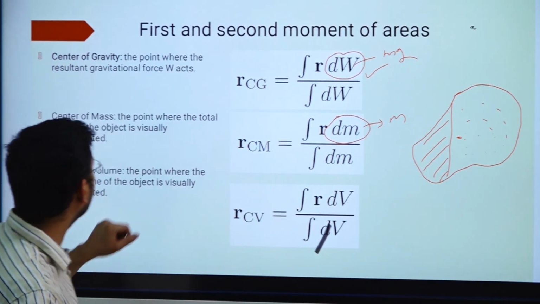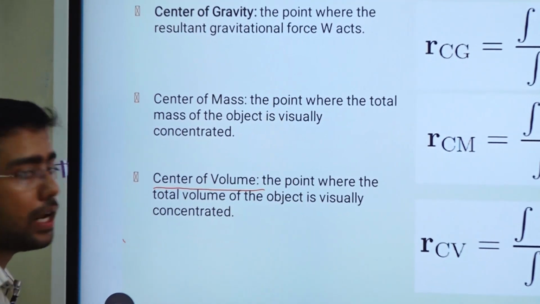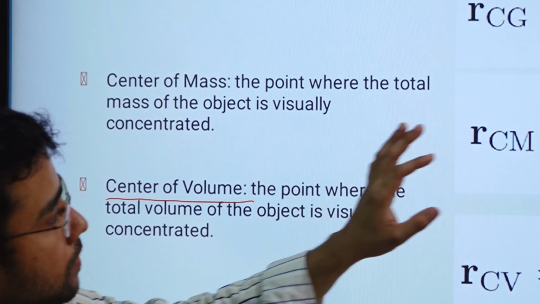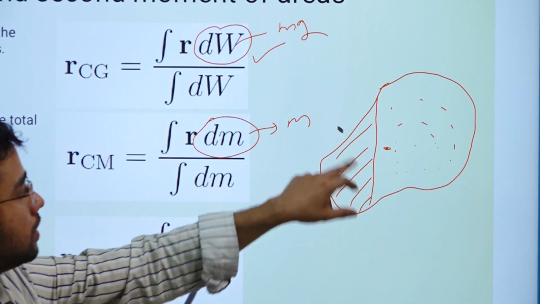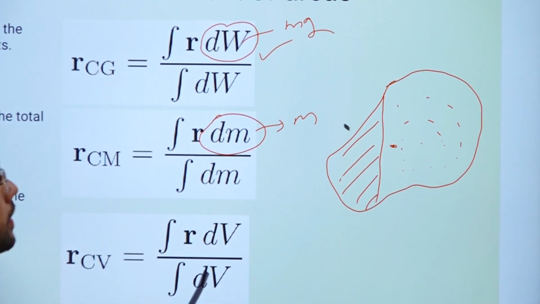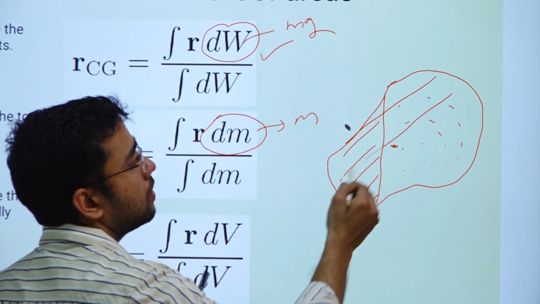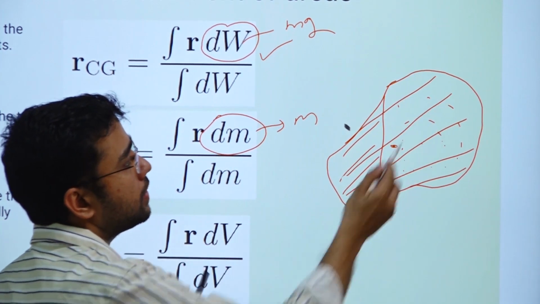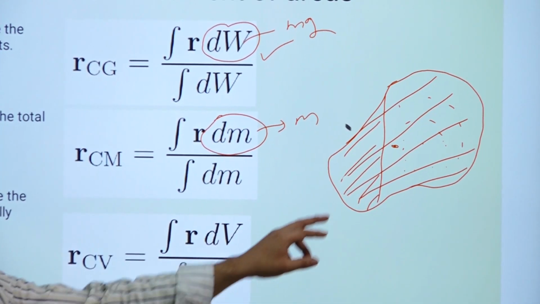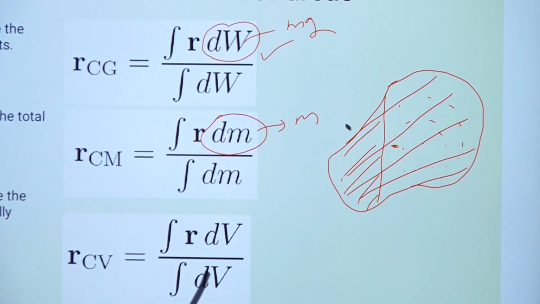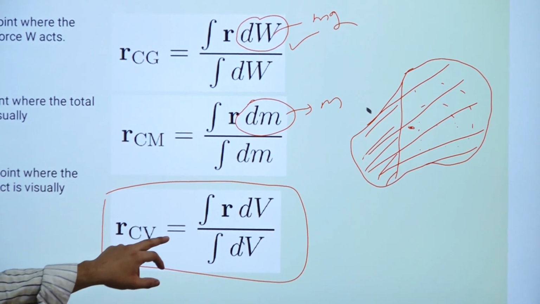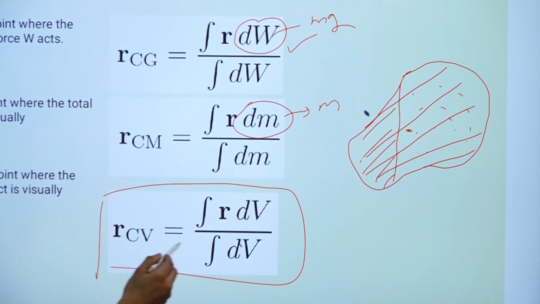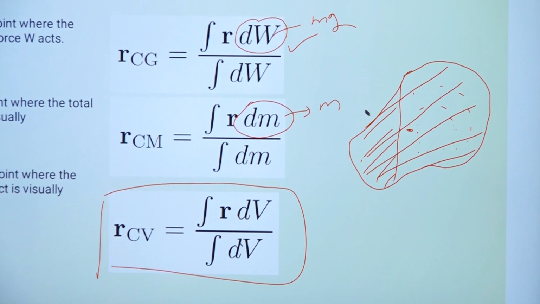But center of volume will never ever depend upon what is inside. It will never ever depend upon the density variation inside. It will only depend upon the volume. Wherever this whole volume is assumed to be concentrated will be called center of volume. And how do we find it? With this formula. R center of volume will be equal to integration of r dv divided by total volume, right?